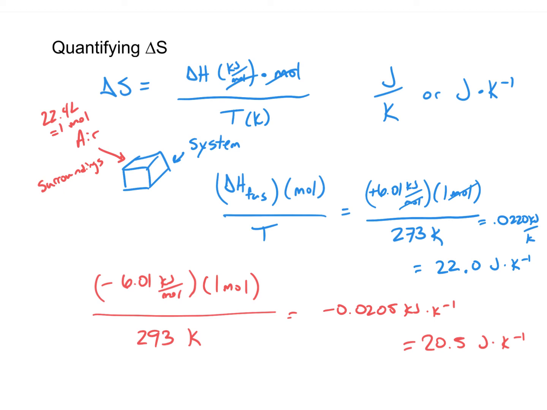Now you can see by comparing the two numbers that the ice is positive 22 and the surroundings, the air, is negative 20.5. So let's add those together to figure out the entropy of the universe. If I take 22 plus a negative 20.5, I get 1.5 joules per Kelvin. And that is a positive number, which is good because it can't be negative. We talked about this on the last slide. You can't have a negative entropy of the universe.